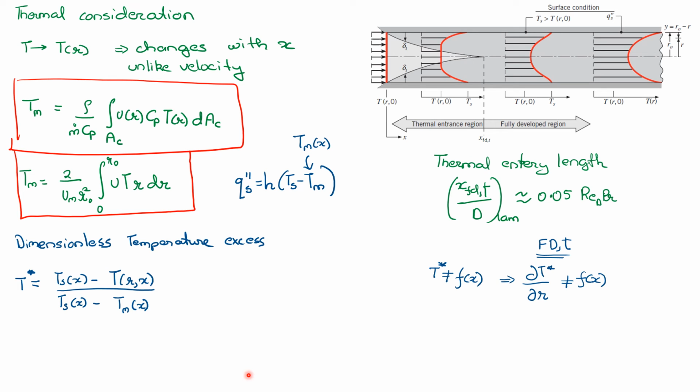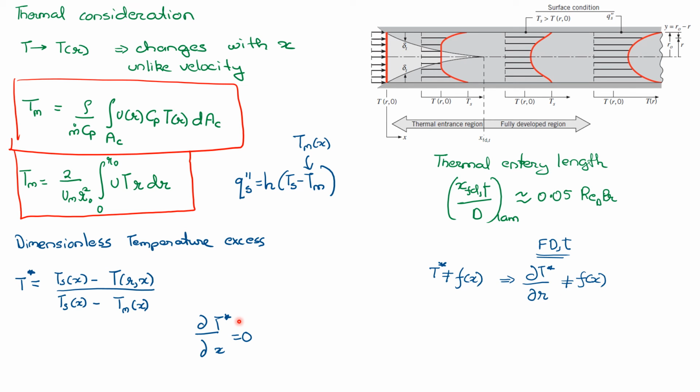So let me repeat myself. If you have a fully developed thermal boundary layer, if you have a fully developed flow which is thermally fully developed, these are the conditions that your T star must follow. So your T star must not be a function of x, and your del T star by del r obviously must not be a function of x.